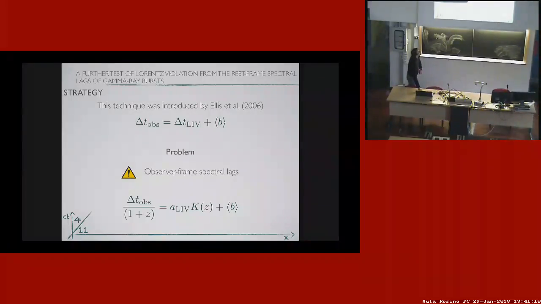But this strategy has a little problem due to the fact that the spectral lag is generally observed in the observer frame of reference.